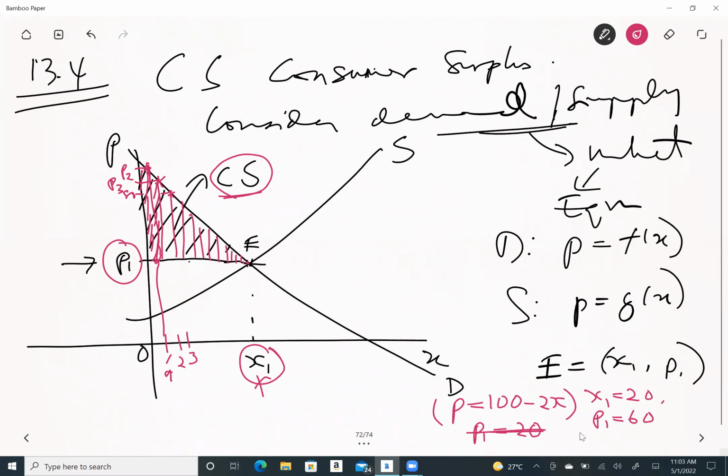That is logical. All right, so X1 is 20 and P1 is 60. So that is our example with a certain function and a certain value of the interval. Right, so get me the consumer surplus.